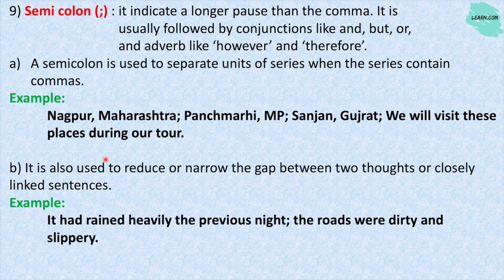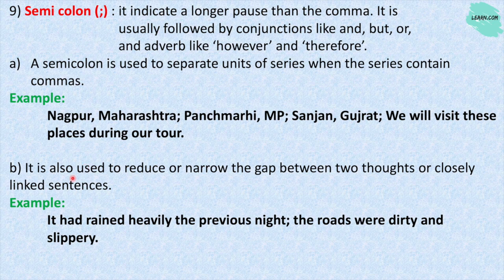We will visit these places during our tour. Now here commas are used between Nagpur and Maharashtra, between Panchmari and Madhya Pradesh, and between Sanjan and Gujarat. So we have to separate the units with the help of semicolon.